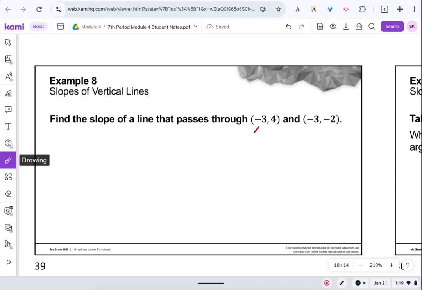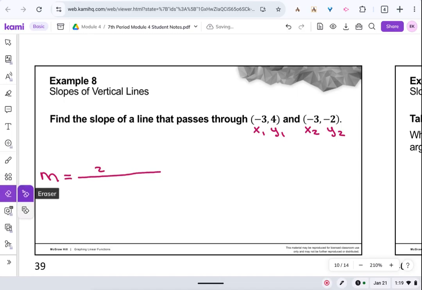Again, we'll go ahead and label x1, y1, x2, y2, m equals, fraction bar, y2 minus y1, x2 minus x1.